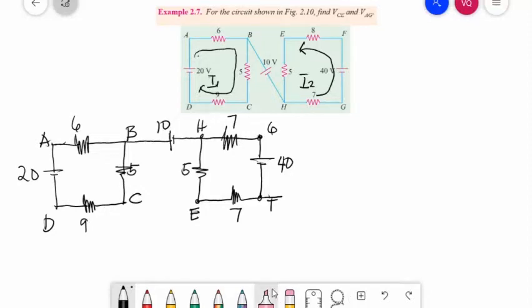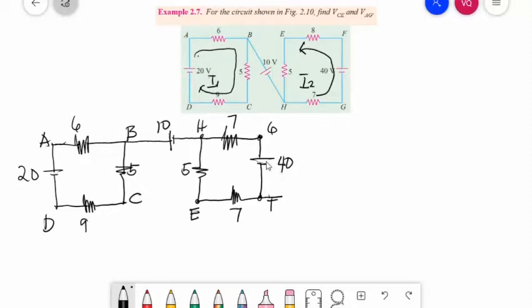I redraw the circuit. From A to B, this is it. BC, nothing changed. And then H and G are now at the top. 10 volts is here. GF, this is the 40 volts.